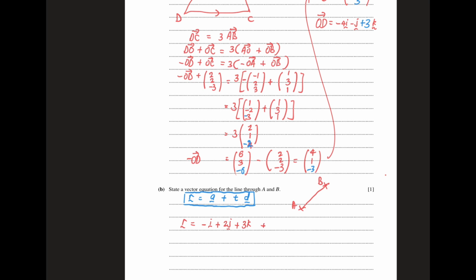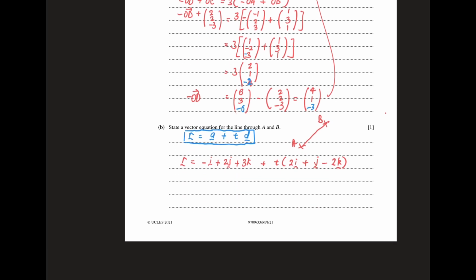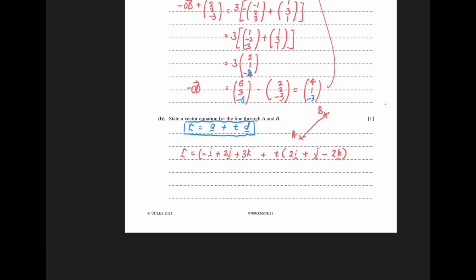Plus t multiplied by the direction. The direction, like what I said, is what we found just now: 2i plus j minus 2k. So this is the vector equation of the line.